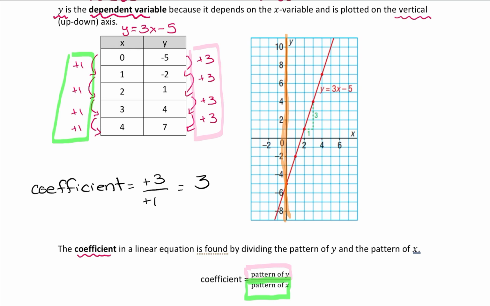Where does the red line cross the y-axis, which I just highlighted in orange? I want to see where they cross. So right where I drew that black dot is where the line crosses the y-axis. So I want to ask myself, what is that number? Well, it's -5. So in this case, by looking at the graph, I can see that the constant is -5.